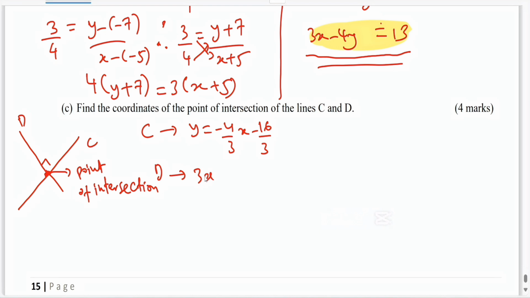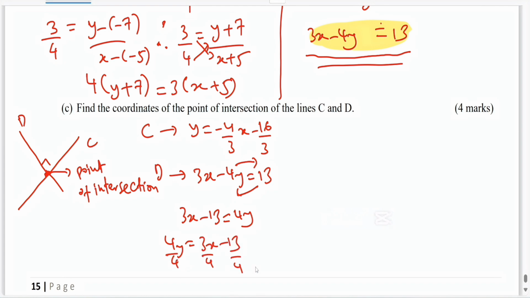Remember it was 3x minus 4y equals 13. Move this across, so 3x minus 13 equals 4y. Divide by 4 throughout, so y equals 3/4x minus 13/4. That is the equation of D.